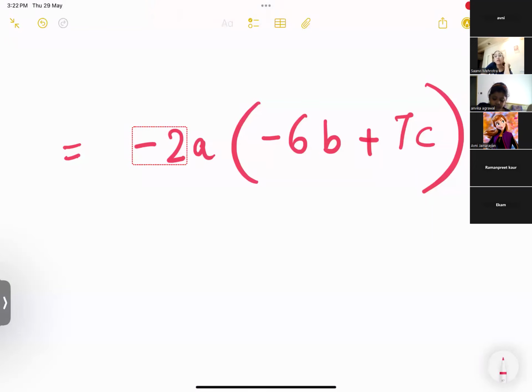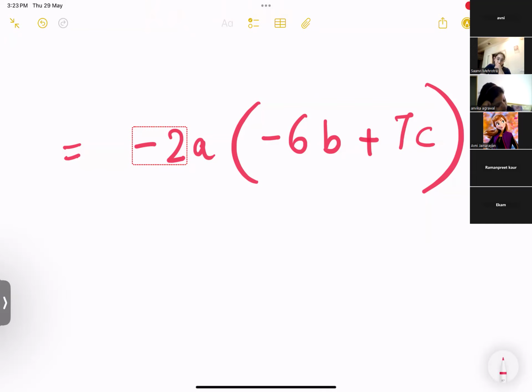You have to open a bracket. Again, put this also inside the bracket. Put this also inside the bracket. Solve them now.